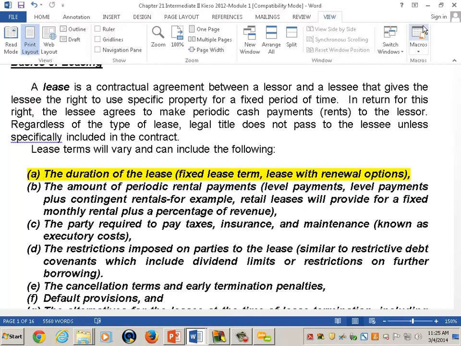you have to distinguish between whether or not that renewal is a fair value or a bargain renewal. So, for example, a fair value renewal means that, and this doesn't apply to auto leasing for individuals, but let's say you're leasing a Nissan Altima, and the payments are $199 a month.